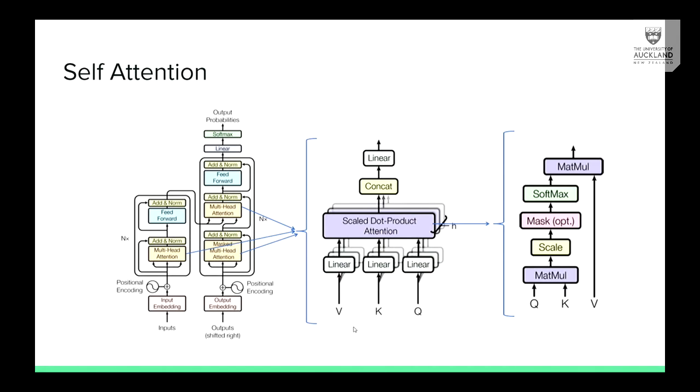You represent any word with a value, key and query. Let's take the word boy. The word boy is represented by a compound vector. One part is the value. Value means what it actually consists of; this part might contain the gender information or the grammar behind using the word boy.